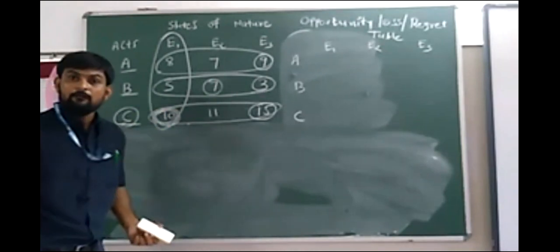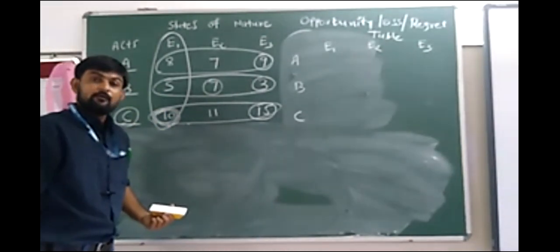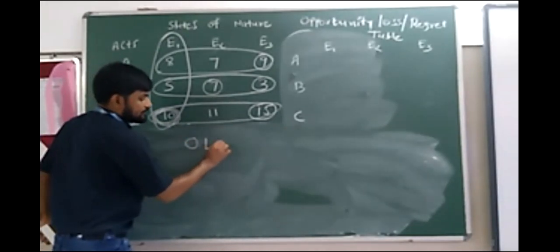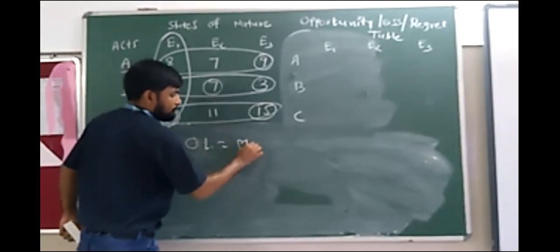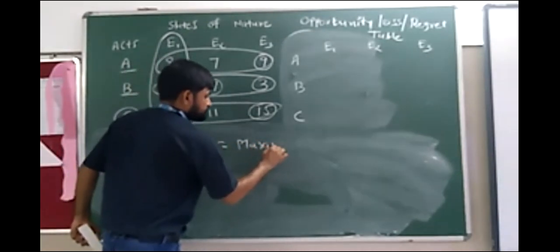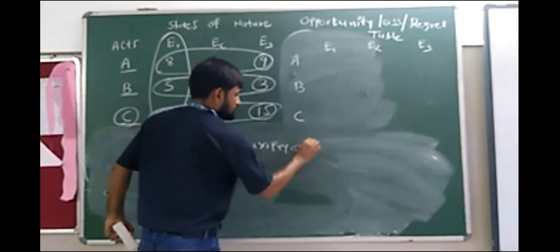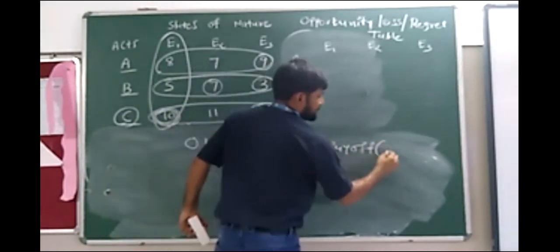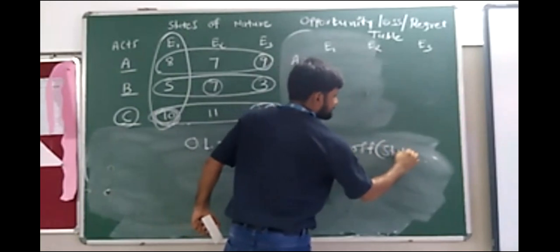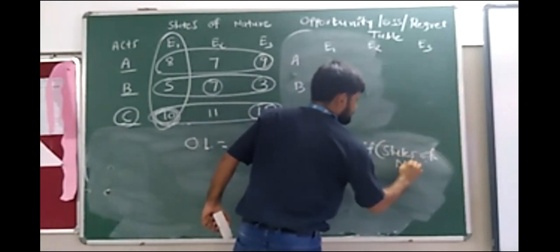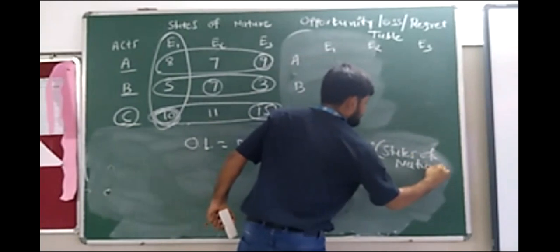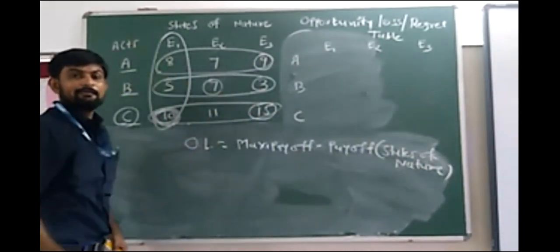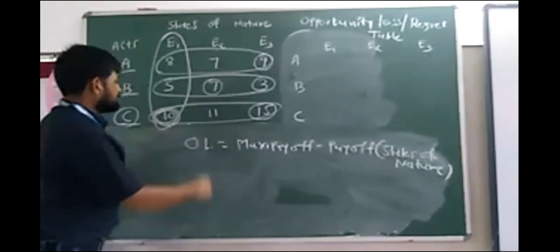So what is the formula to find opportunity loss? The formula is: opportunity loss is equal to maximum payoff minus payoff, states of nature wise. Here states of nature are in columns, so we'll find it column wise.